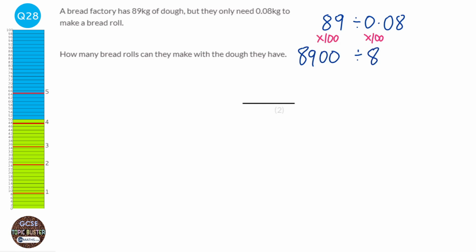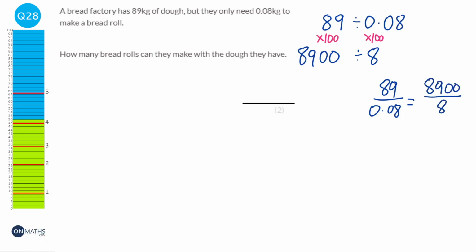The reason we can do that is 89 divided by is the same as 89 over 0.08, and as a fraction we can just times top and bottom by 100, so it would be this over 8. So now we can do the bus stop method. So 8 on the outside, and in fact I might use a straighter line here.